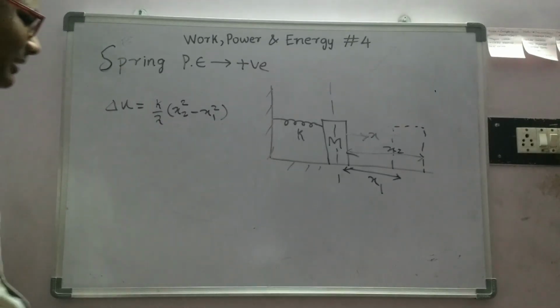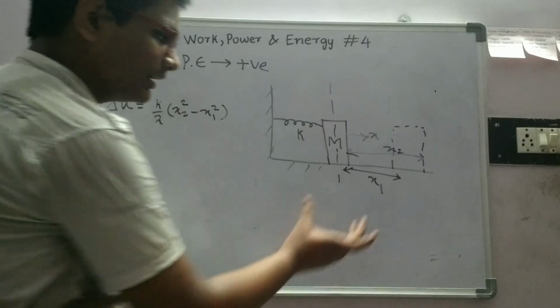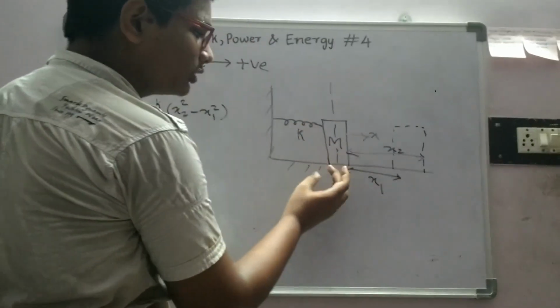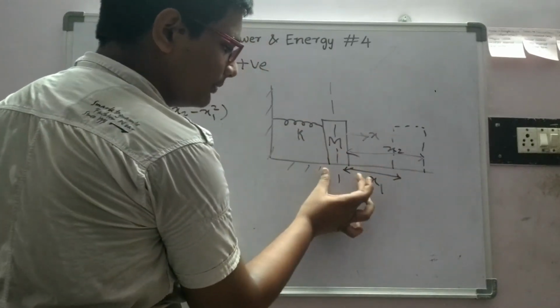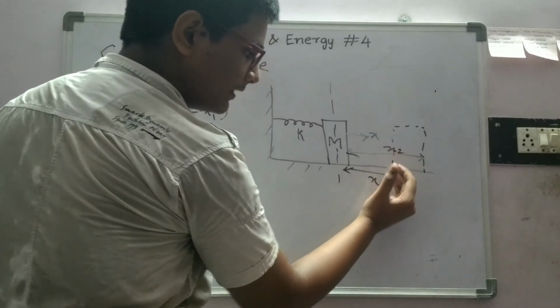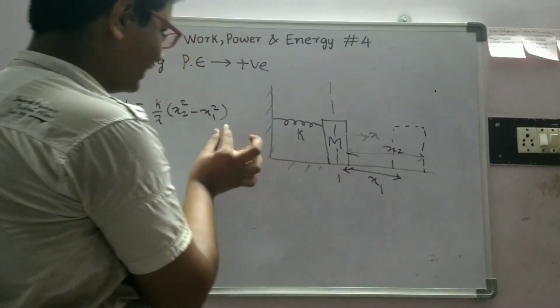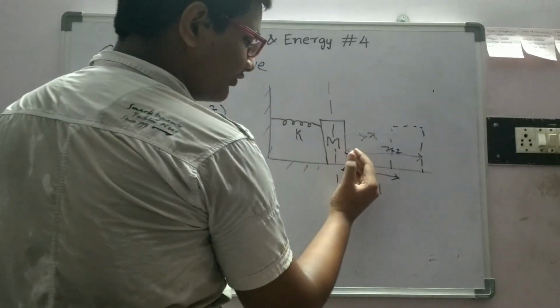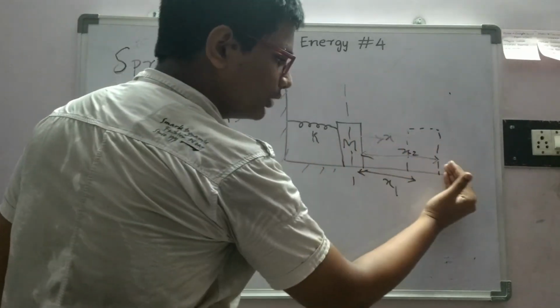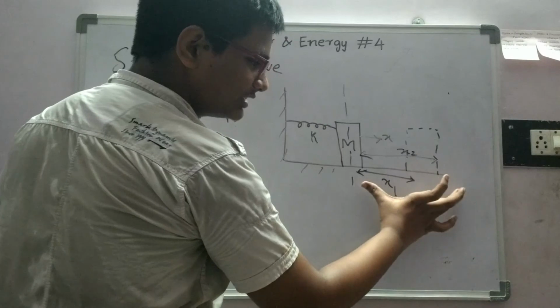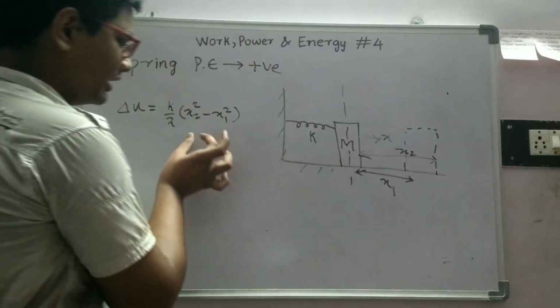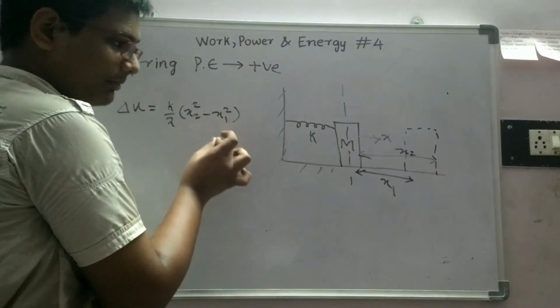See, the initial potential energy is, if we move this block to x1 distance from its mean position, its potential energy is kx1 square by 2, that is initial. And if we still move to x2 distance, then its potential energy becomes kx2 square by 2.